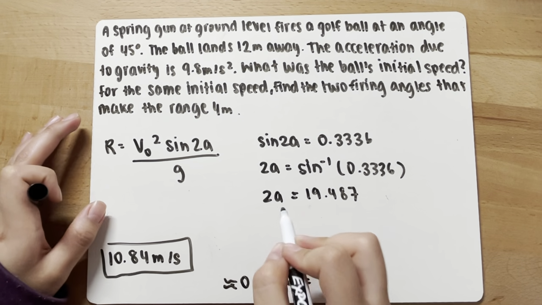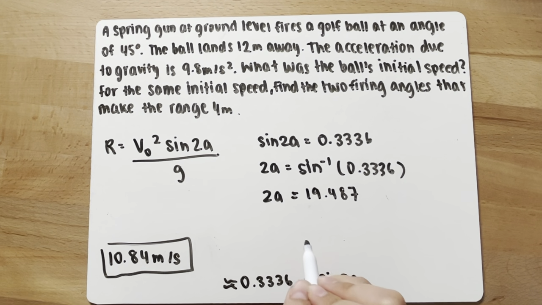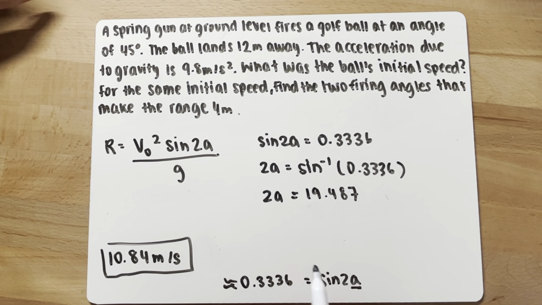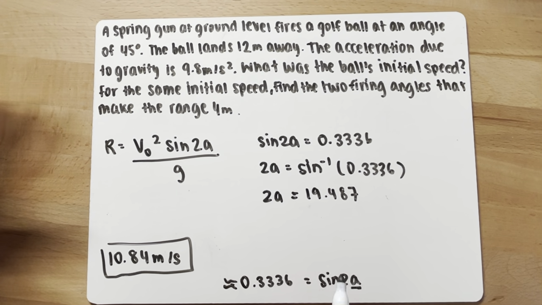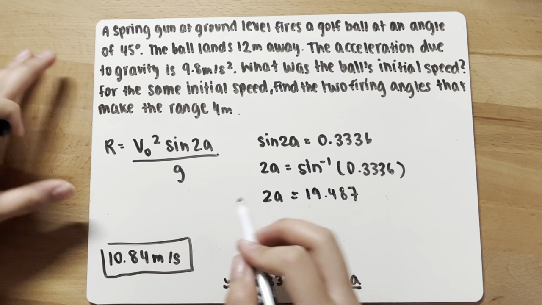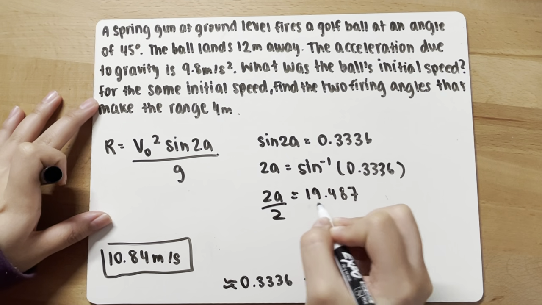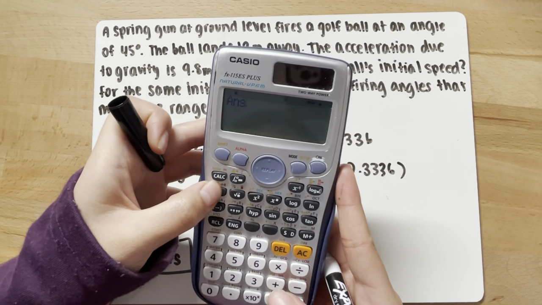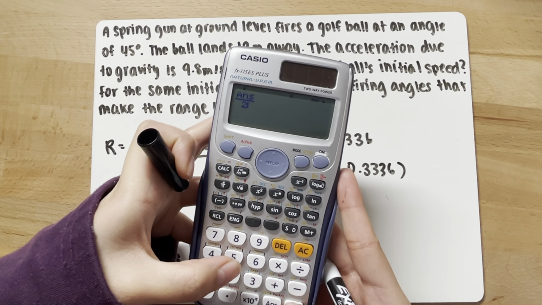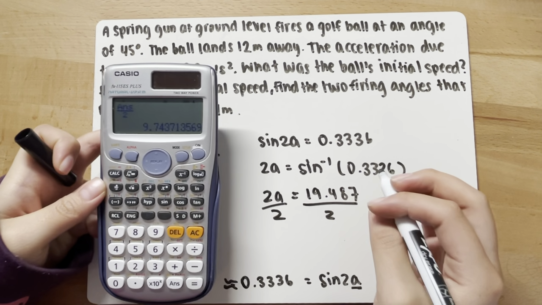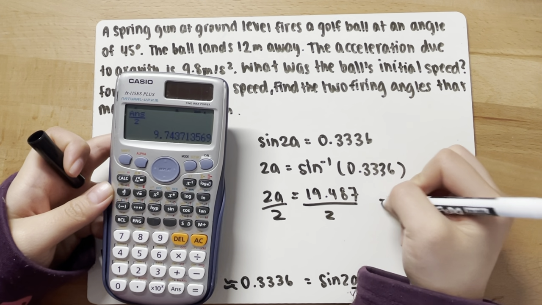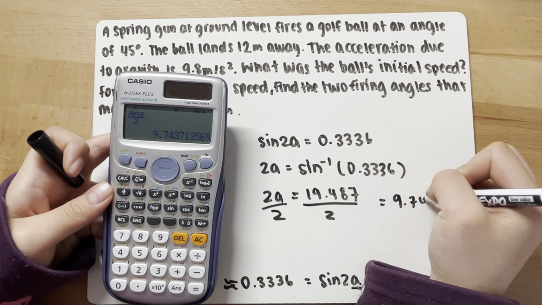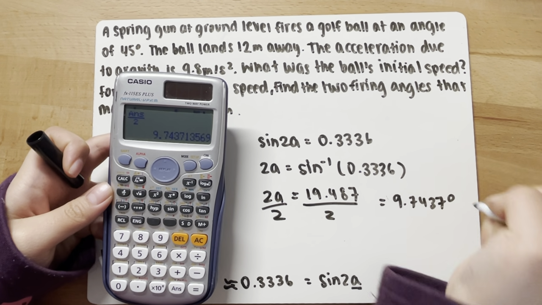To find the angle, there will be two angles. The smaller angle is this. So you want to divide by 2. You get 9.7437 degrees.